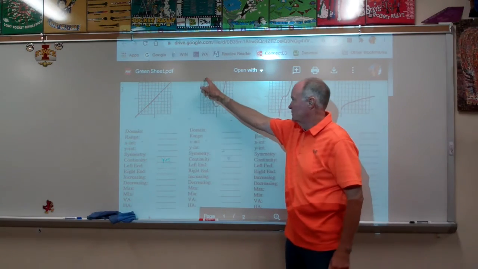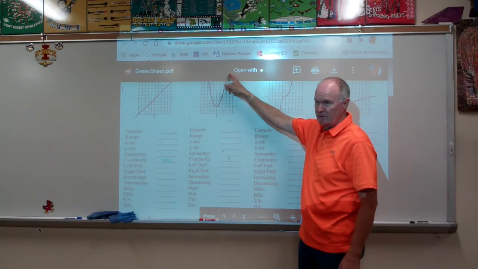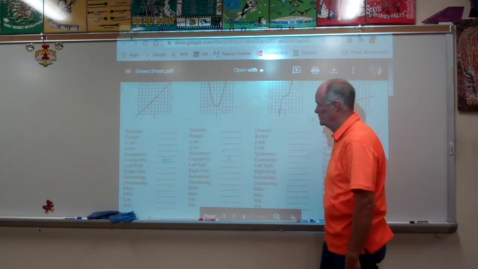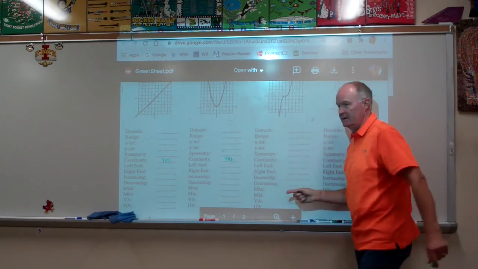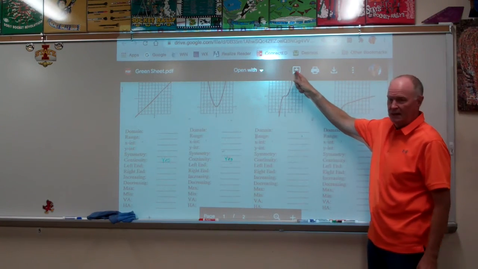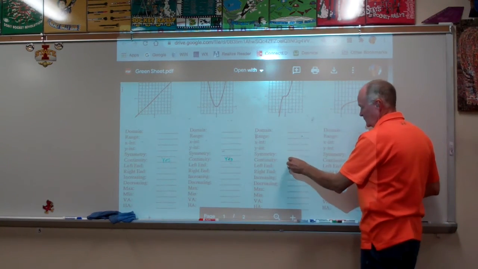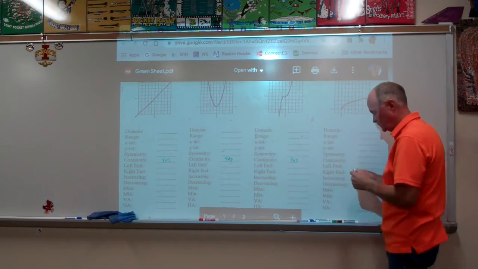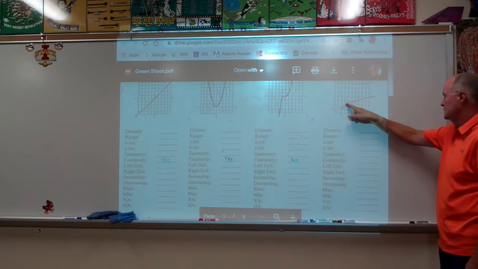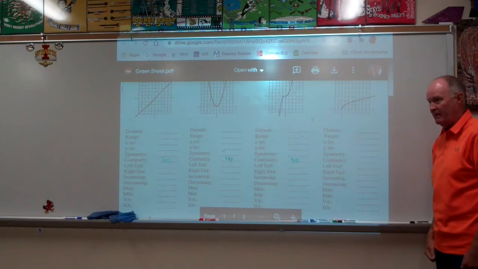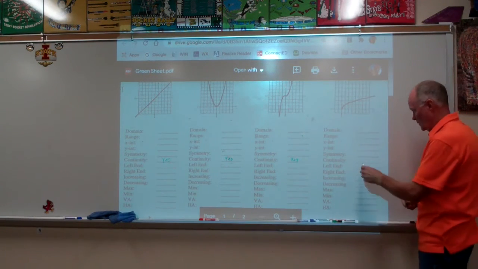The parabola, also yes. Cubic, yes. The square root could be up for debate, but in general, by our definition, did I have to pick up my pencil? So it's continuous.